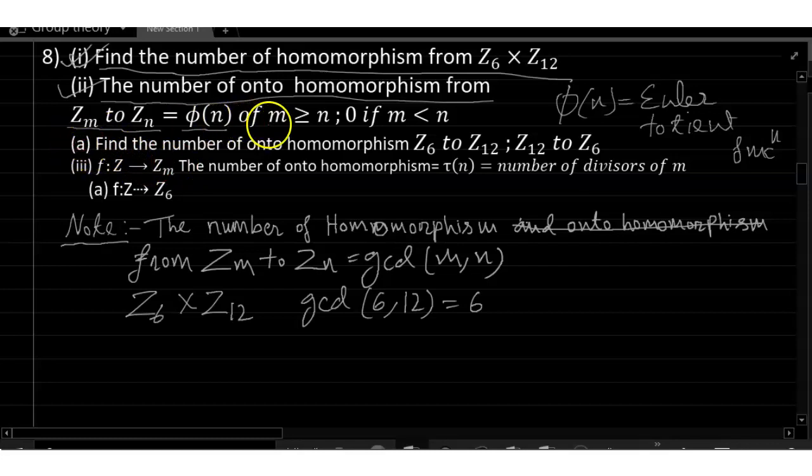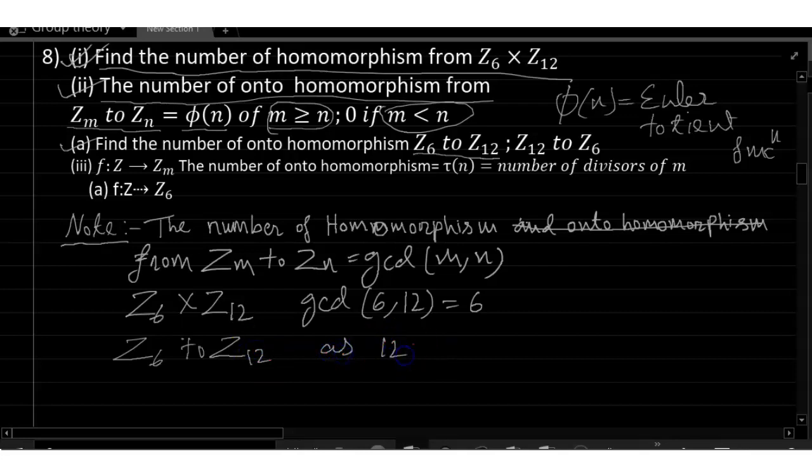It is phi n when m is greater than or equal to n, and 0 if m is less than n. Find the number of onto homomorphisms from Z6 to Z12.